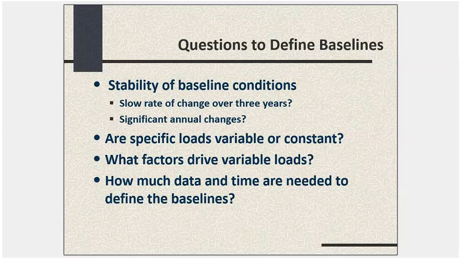So when you're actually defining a baseline, there's all those variables I talked about, but then there's how those variables change over time. Do they change slowly? In other words, do you have fairly stable baseline conditions, or is there sometimes rapid variation, or are there significant annual changes?